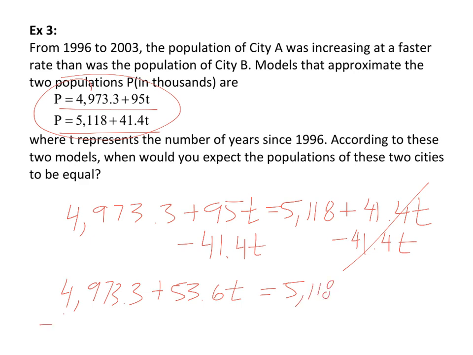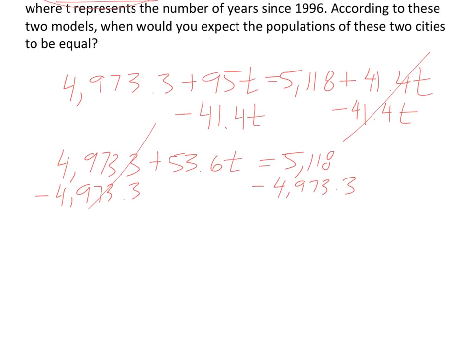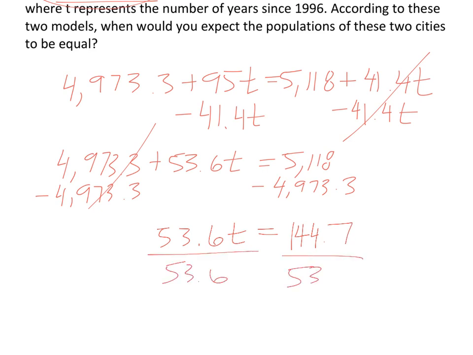Then I'll subtract 4,973.3. 53.6t is equal to 144.7. Divide by 53.6, and t is equal to 2.7. And it's going to be years in this case.